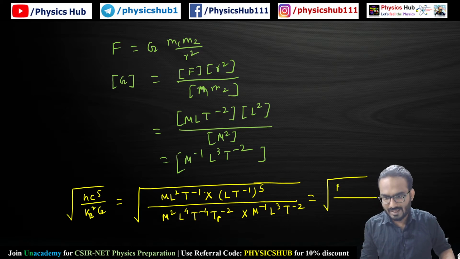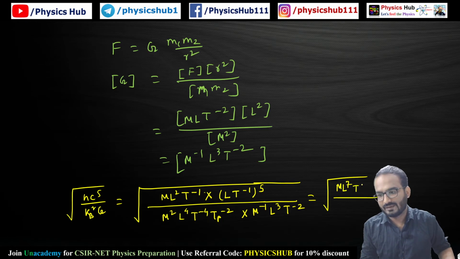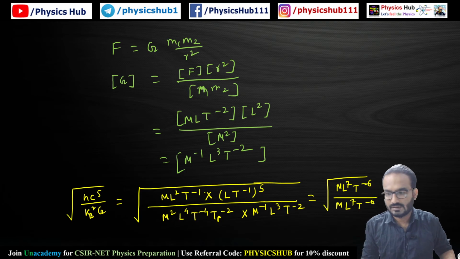This will give you M, L to the power 5 plus 2 is 7, T to the power minus 1 minus 5 minus 6. And here also M to the power 2 minus 1 is M, L to the power 4 plus 3 is 7, T to the power minus 4 minus 2 is minus 6, and T_P to the power minus 2.